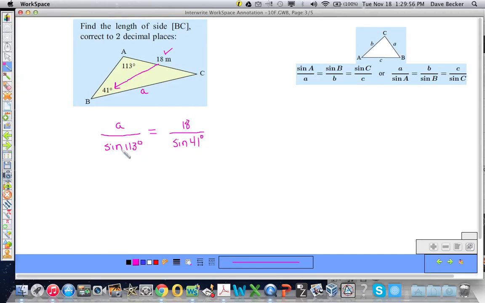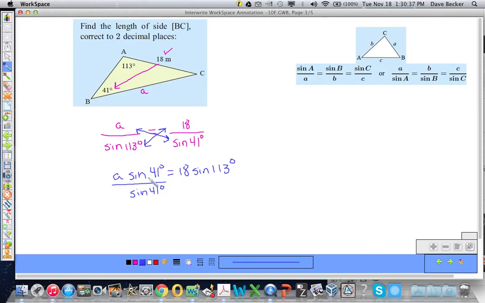Now don't get freaked out by the sine of an angle. You already know it's just a number, a way to represent decimal numbers. I'm going to cross multiply: a times the sine of 41 degrees is equal to 18 times the sine of 113 degrees. Then we divide both sides by the sine of 41 degrees, because it's just a number.